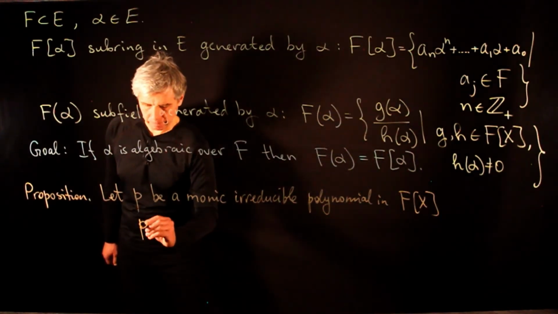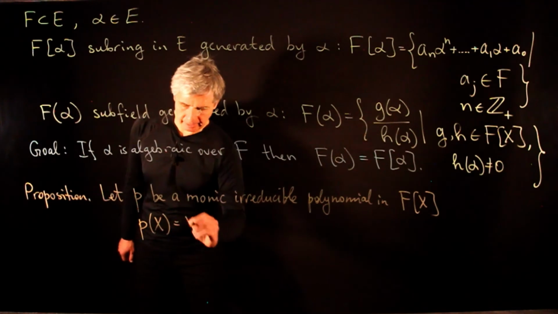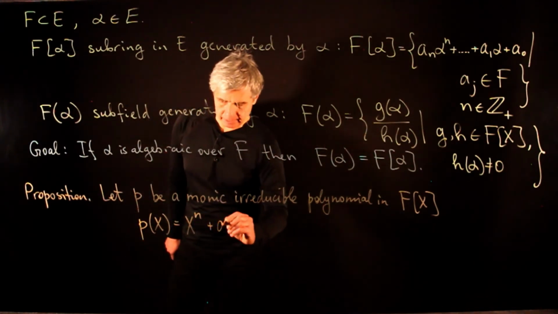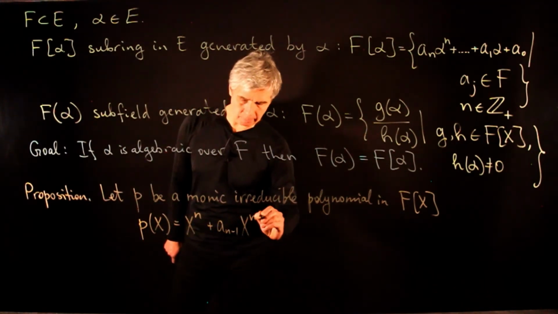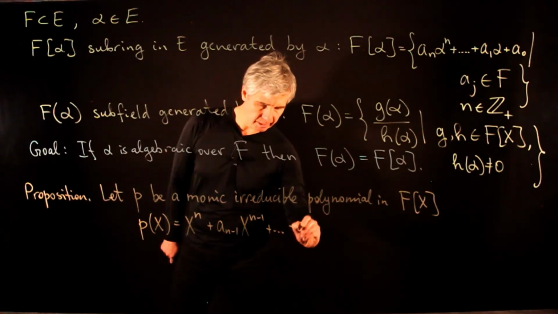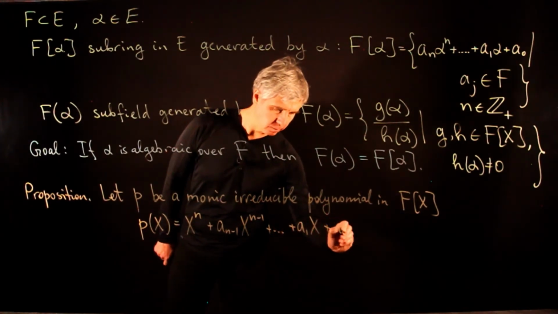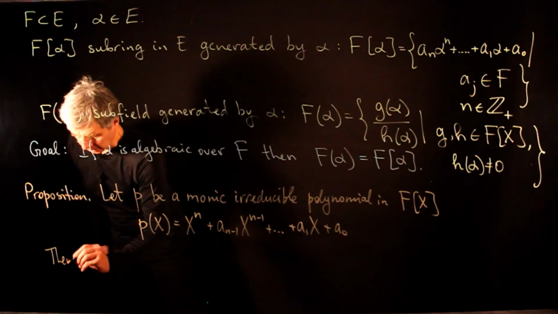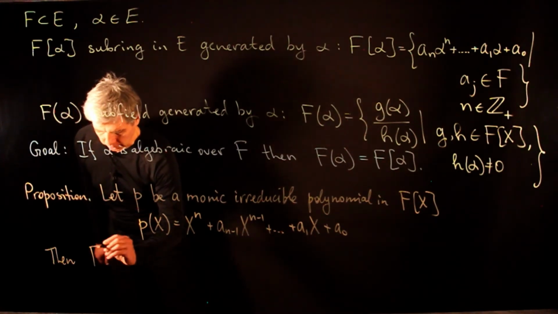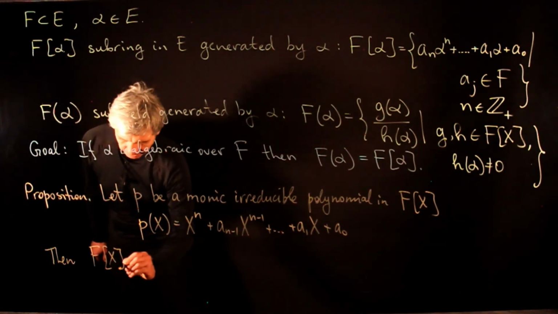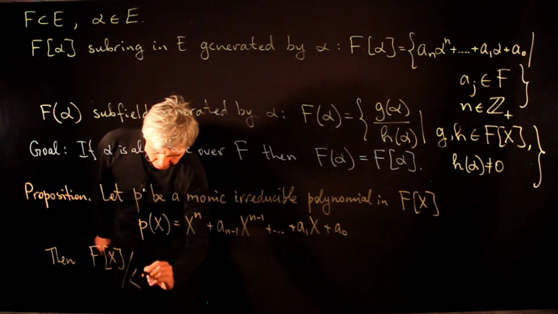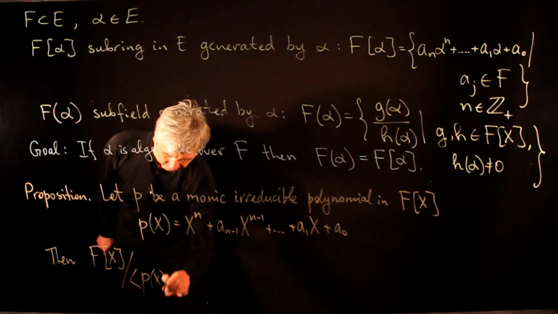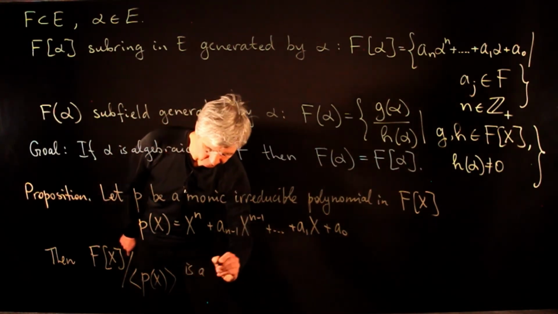So we can write p(x) as x to the power n plus a_{n-1} x to the n minus 1 plus ... plus a1 x plus a0. Then our claim is that the quotient of F[x] by the ideal generated by p(x) is a field.